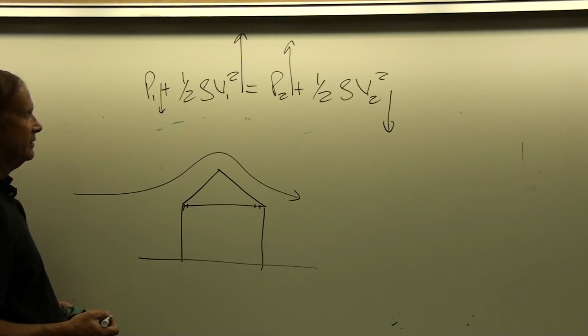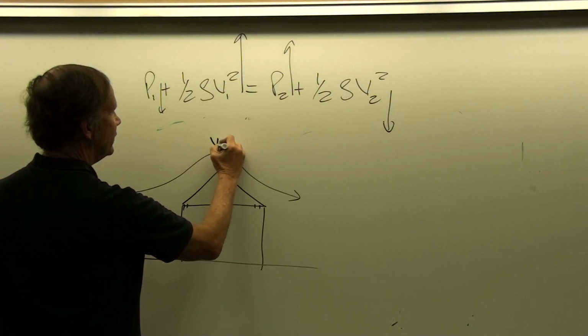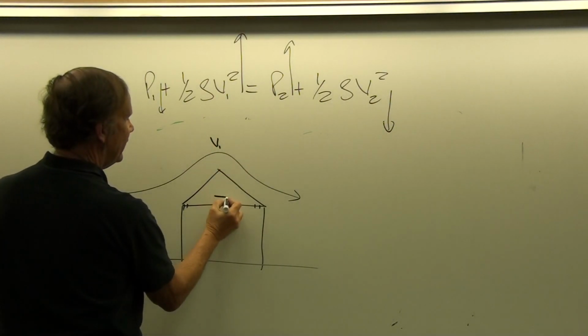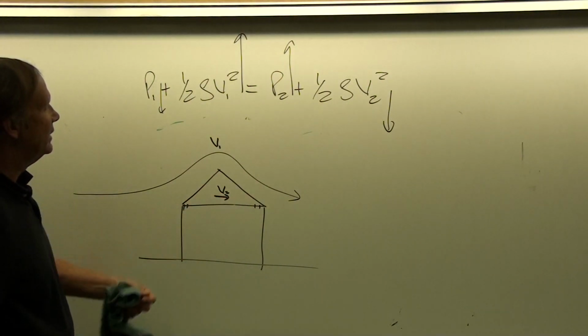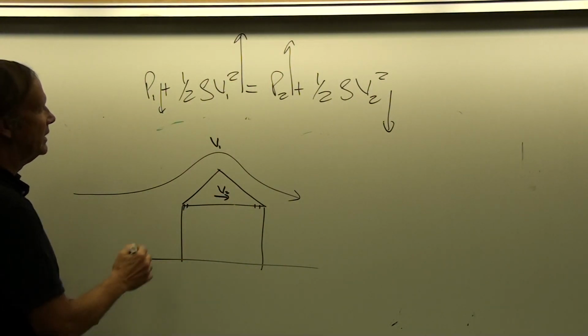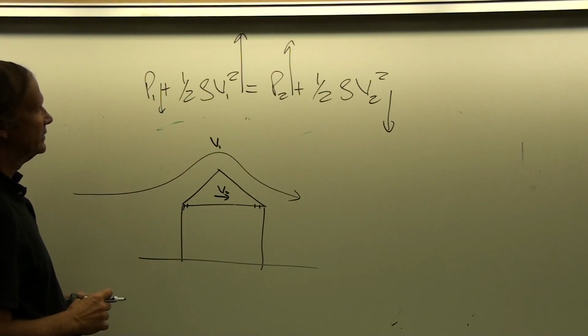And so, with a higher velocity of airflow here, we call this V1, and then very little airflow here through the inside part of the roof, because the roof is blocking the high velocity winds.